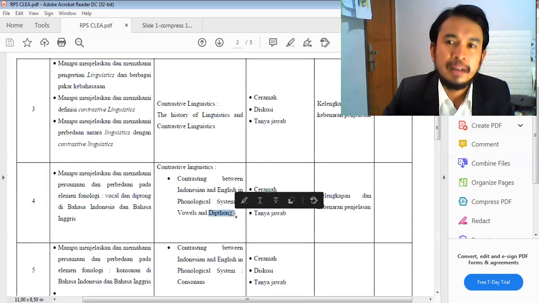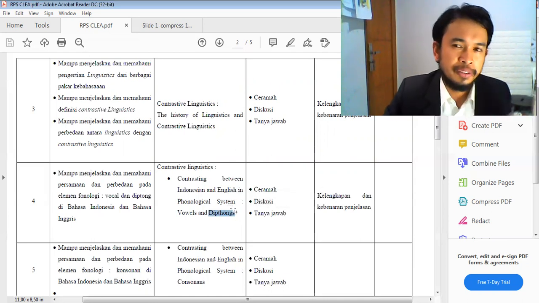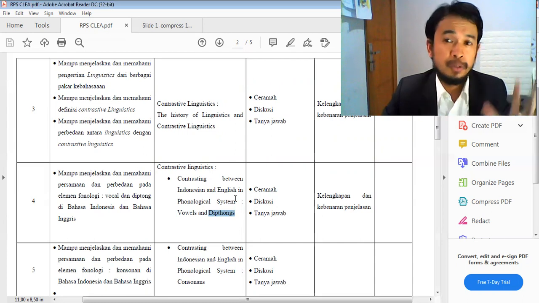I believe all of you already know about vowels and diphthongs, because in the previous material you learned about English linguistics, right?